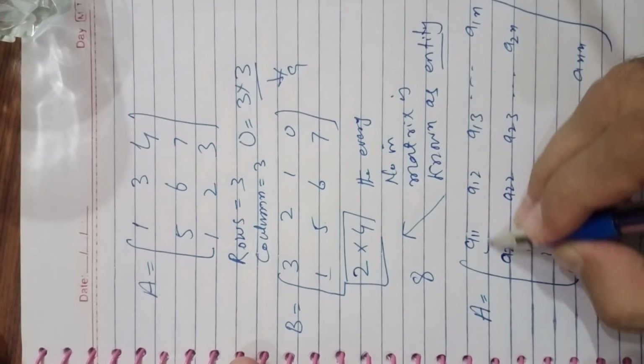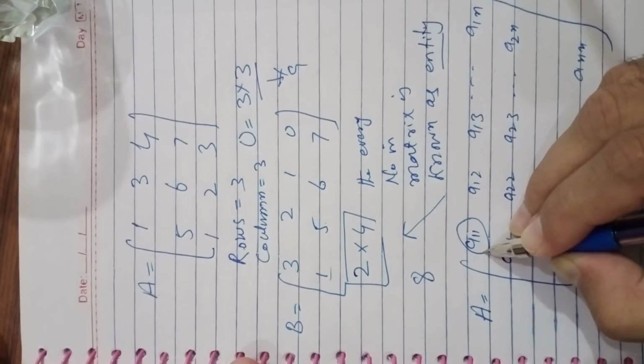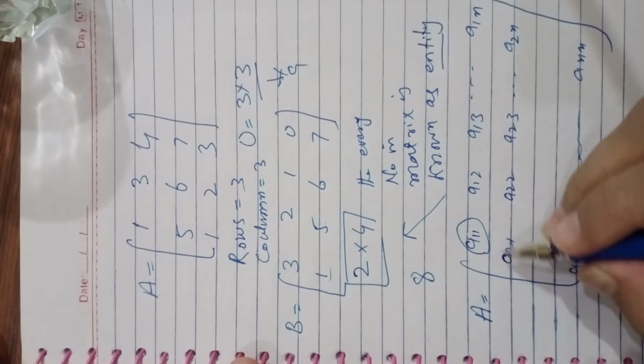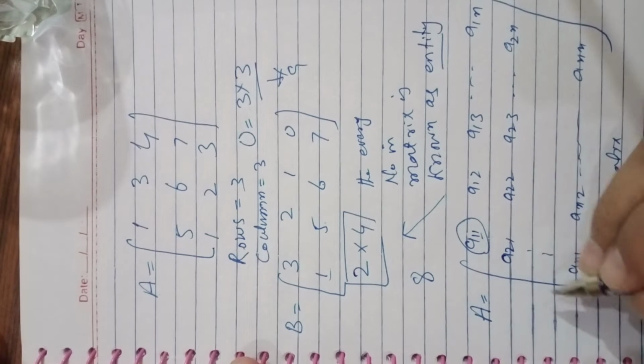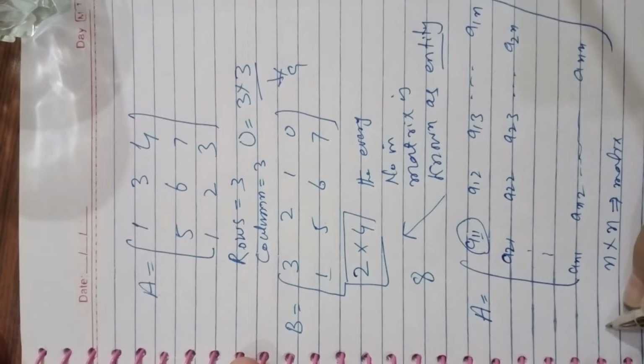Every entity A11 means there are two subscripts. One is 1, 1, one is this and another is this. The first one shows the row and the second one shows the column.